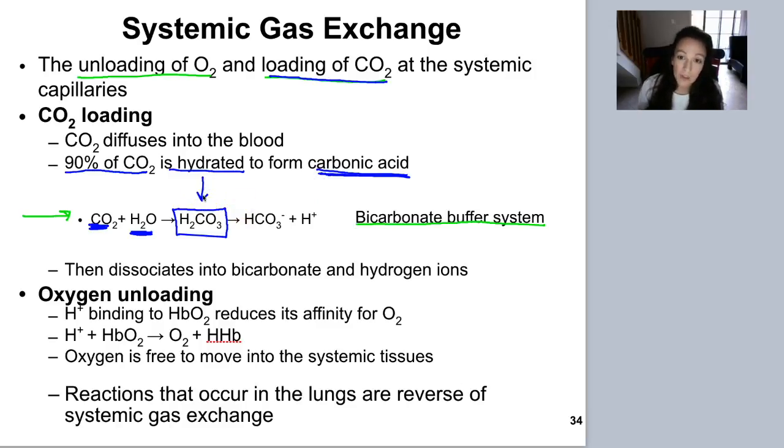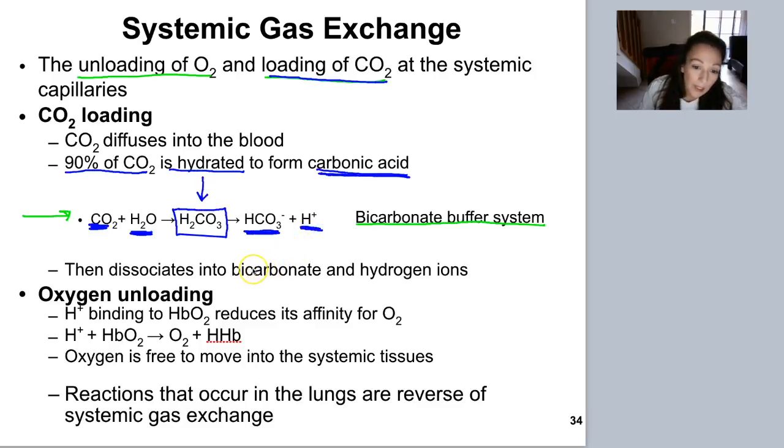And acids, what they do in water, and our blood is essentially water, is they split into two ions. Acids always dissociate. They split into two ions. See how our carbonic acid undergoes a second chemical reaction right here, where now it splits and turns into a bicarbonate ion that we can see right here, and a hydrogen ion.